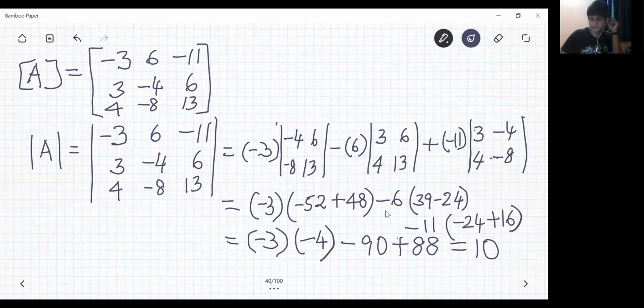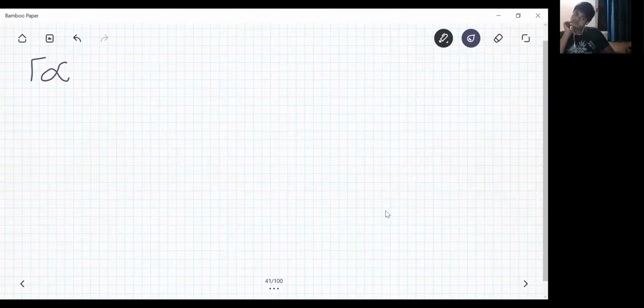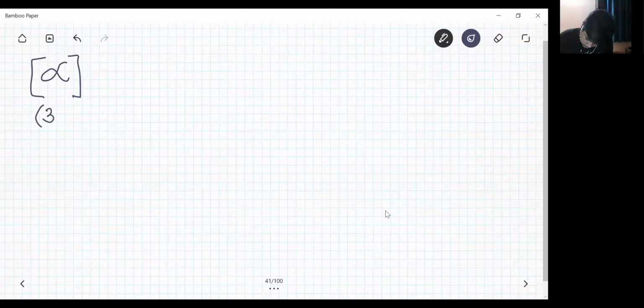Are you able to follow now? Yes, sir. Now, the second step is we will find what is called a matrix alpha. The size of this is the same as the matrix A that is given, whose inverse we want to find. Yes, sir.